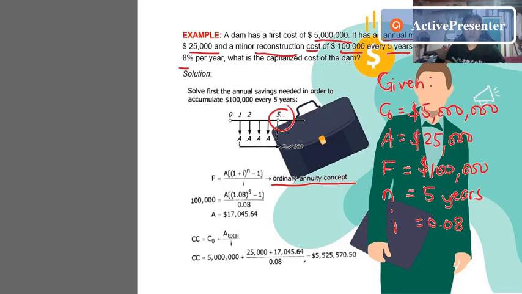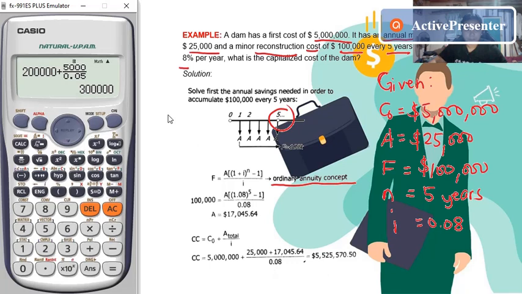So solving for A, the formula is F is equal to A multiplied by (1 plus I) raised to n minus 1, over I. We can use the shift solve function on the calculator to make it easier.